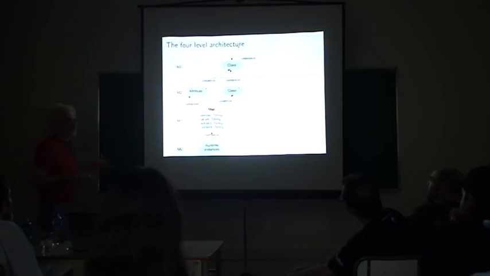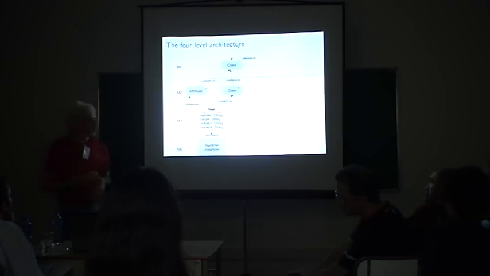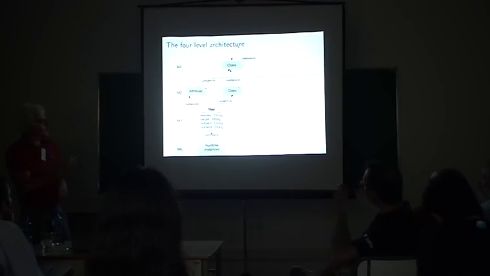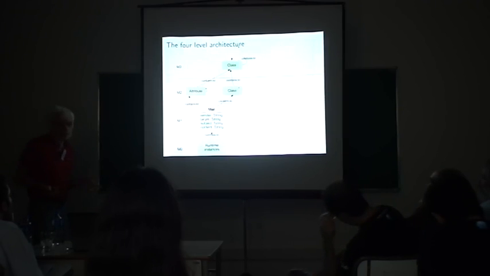All these tools are based on what's called the 4-level architecture. What is this? It's a consistent logical architecture where all the elements at each level are models. In model-driven engineering, we only manipulate models.